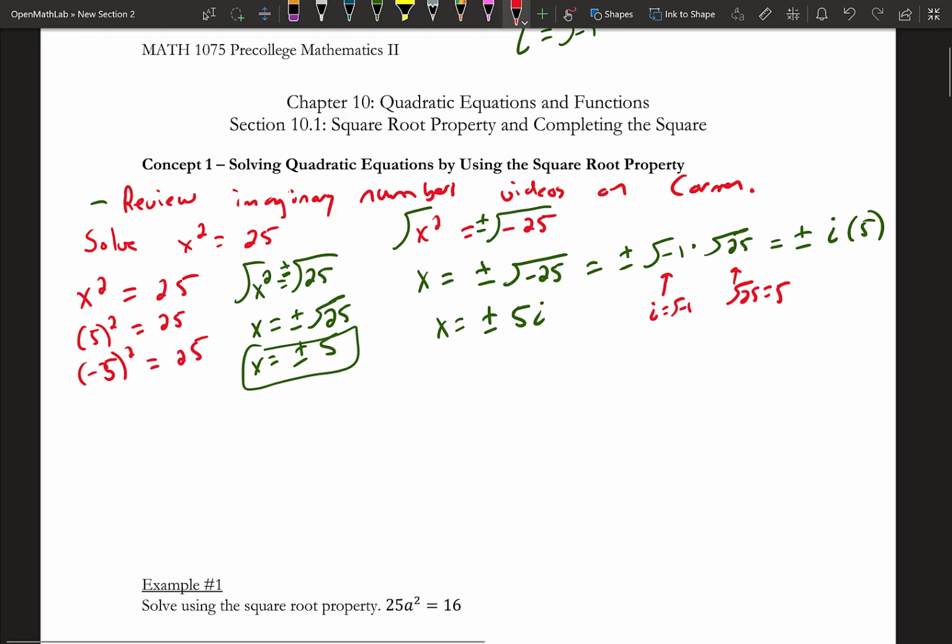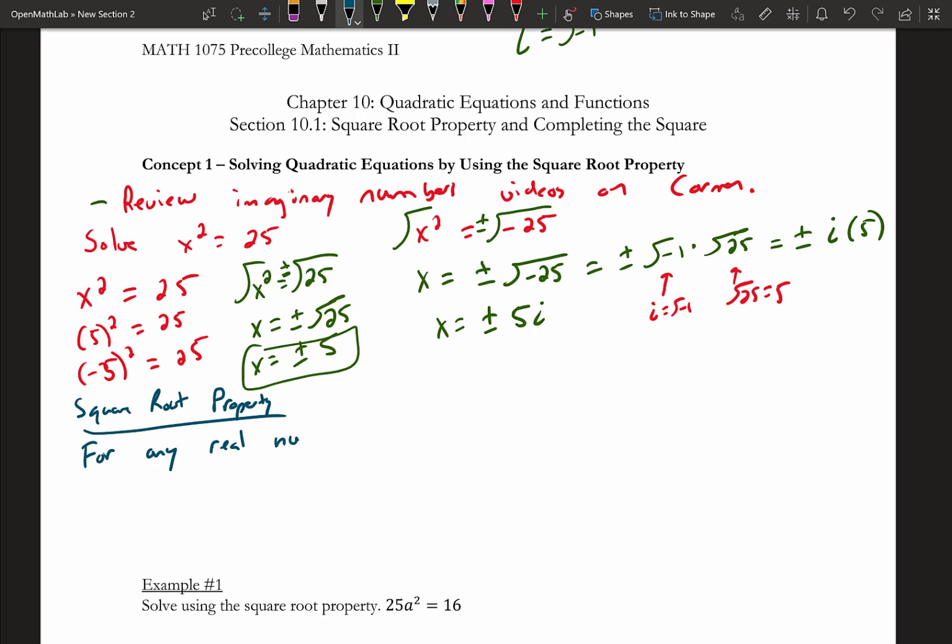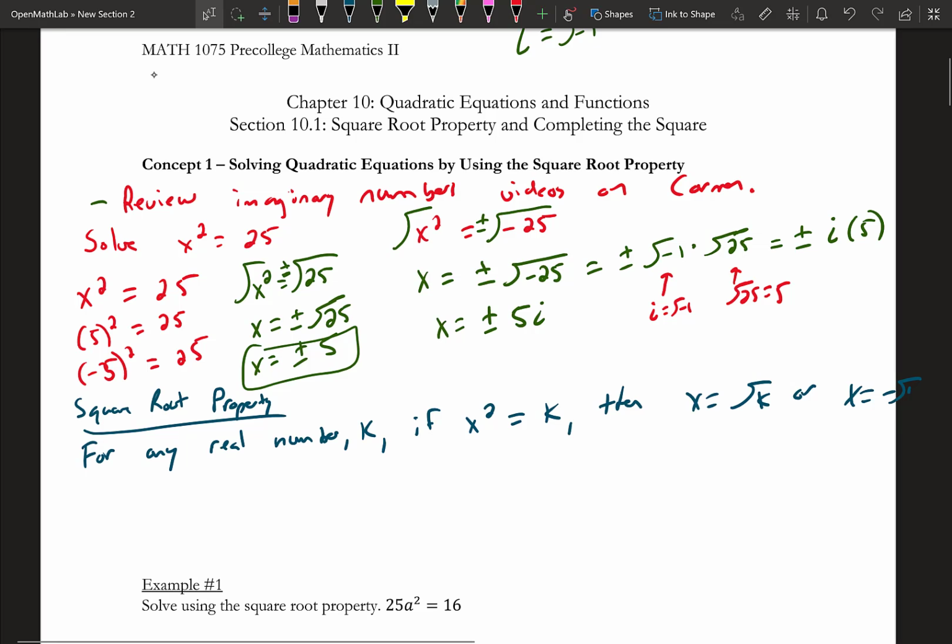So let me write this up a little more formally. This is called the square root property. For any real number k, if x squared equals k, then x equals radical k, or x equals negative radical k.